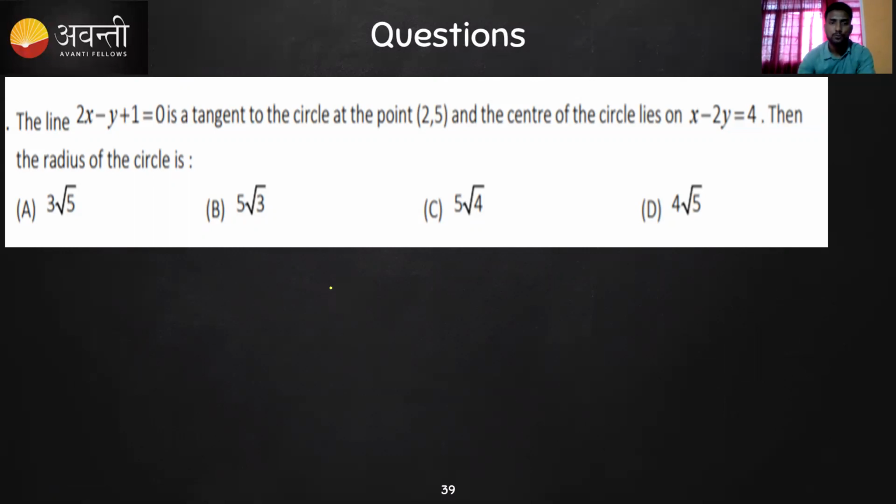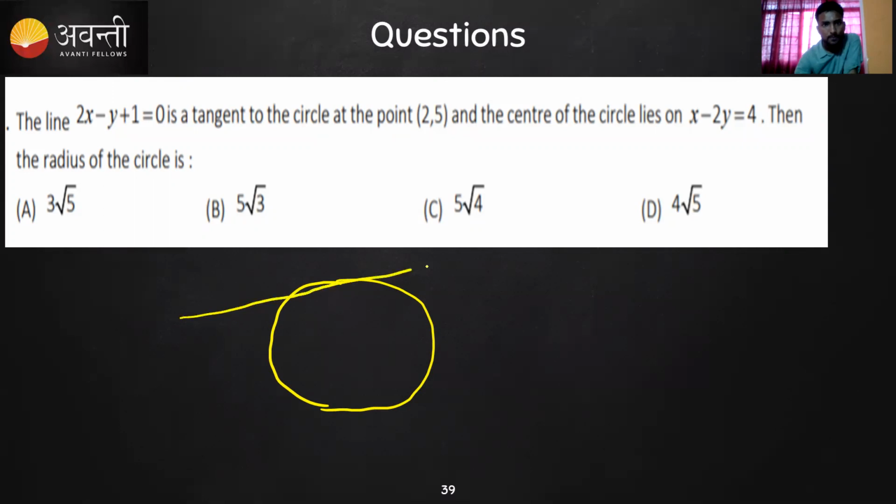What can we do? Here you can see what we are trying to do. Just draw this circle, and this is basically the tangent, 2x minus y plus 1 is equal to 0. This point is nothing but 2, 5.